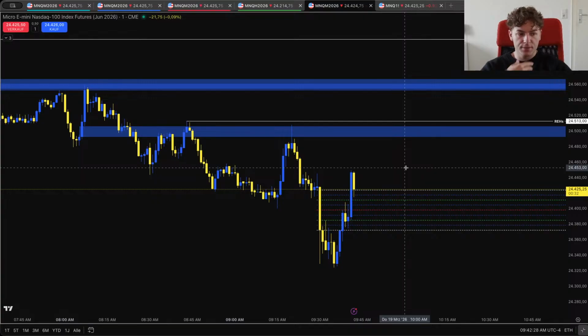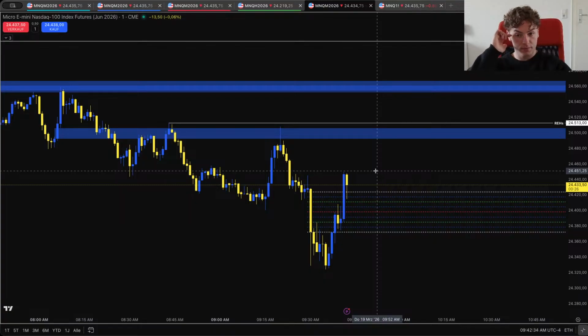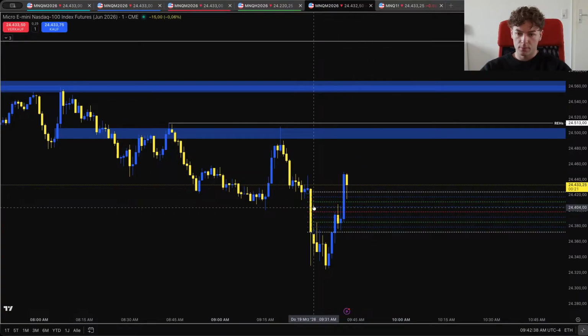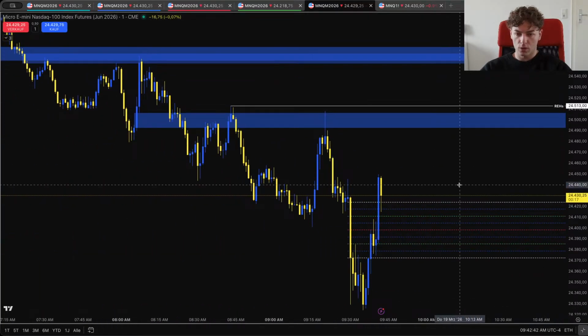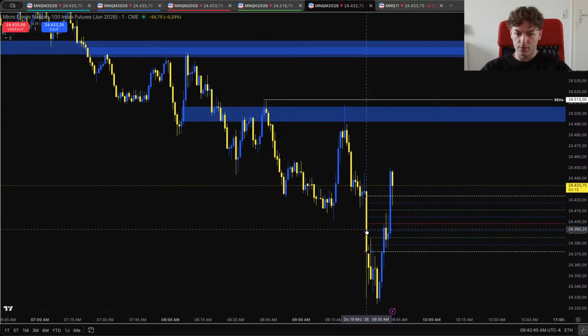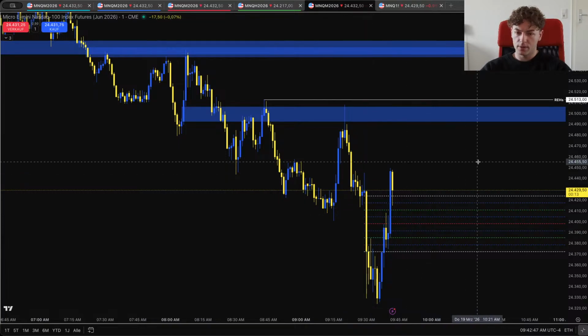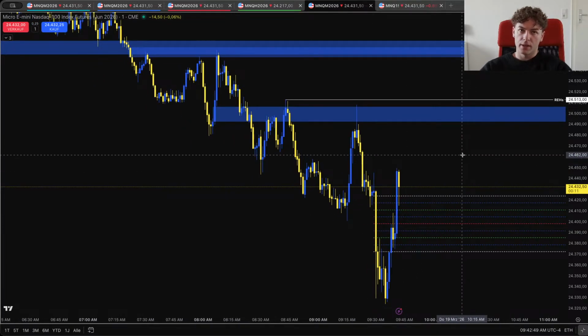I know ICT says look for the first fair value gap after 9:31, and he gave some specific rules on when to use the 9:30 fair value gap as the first one.